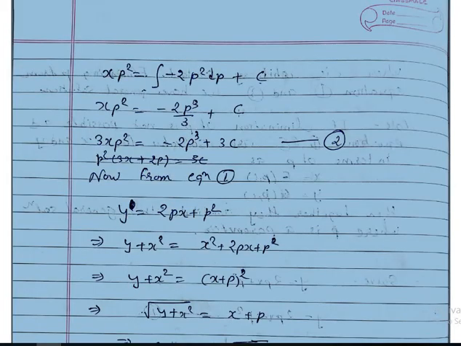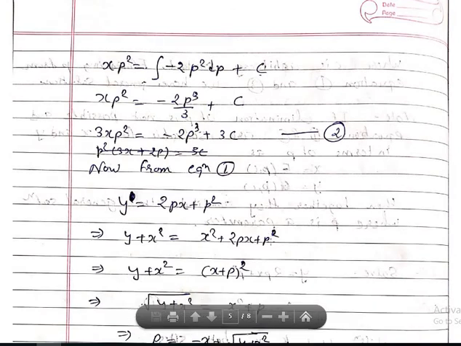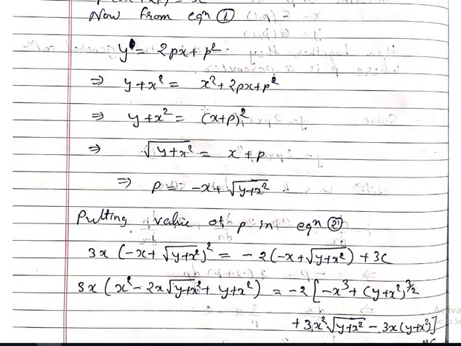So now from equation 1, y is equal to 2xp plus p square, adding x square to both sides, that will give you y plus x square is equal to x plus p the whole square, and that will give you root of y plus x square is equal to x plus p. So you have p is equal to minus x plus under root of y plus x square.